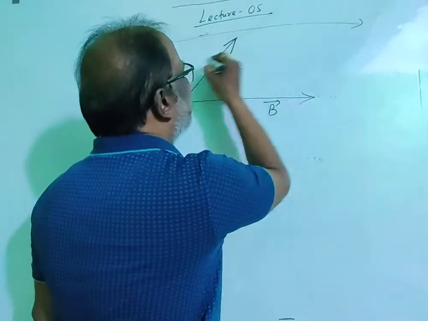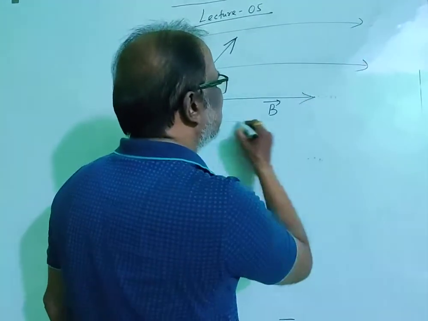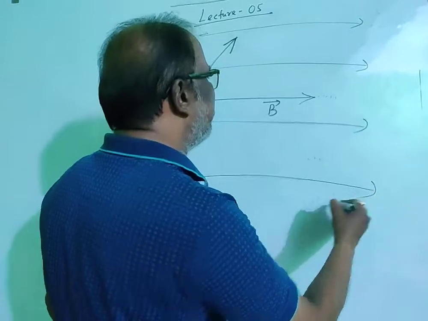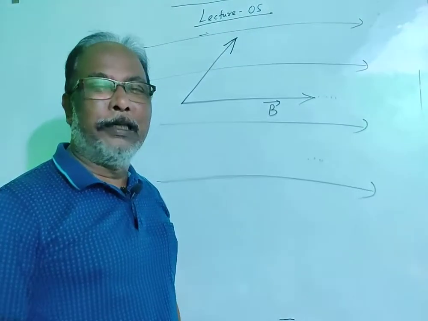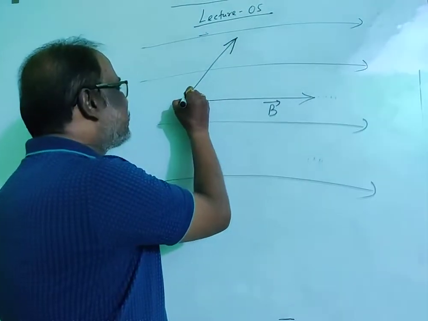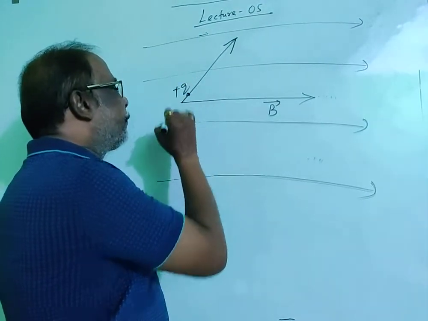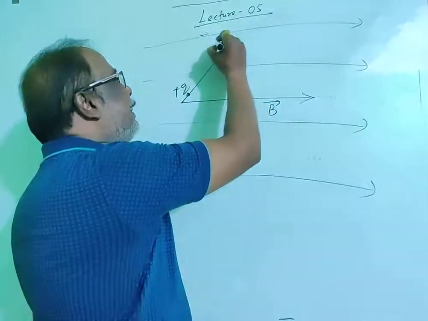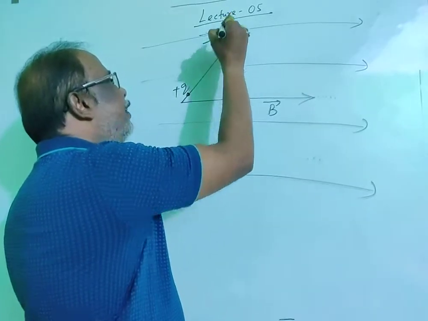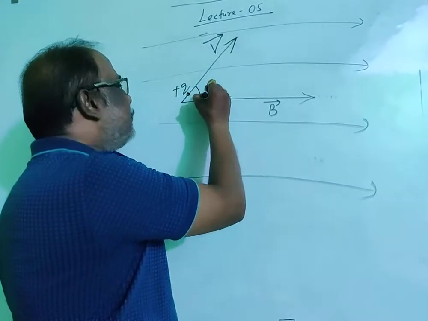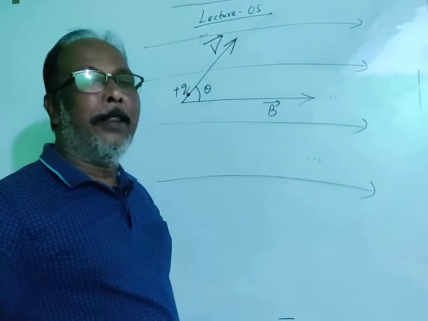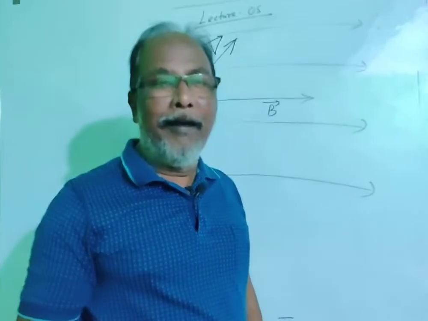In the whole region there is a uniform magnetic field along the positive x-axis, and this is a charged particle plus q projected along this direction, means this is the velocity of the charged particle, and the angle between the velocity v and the magnetic field is theta.